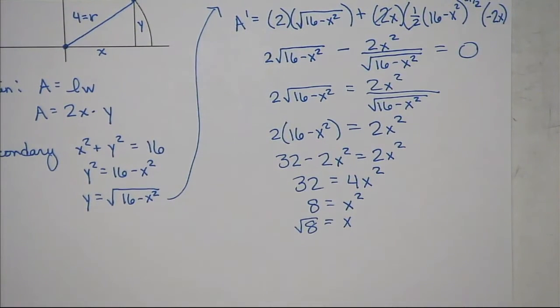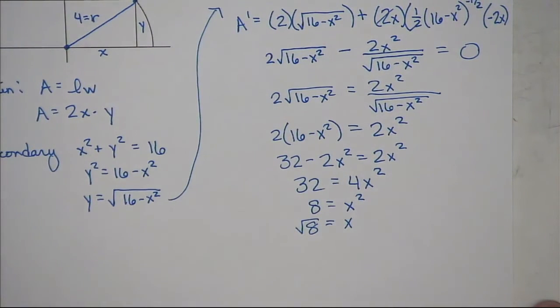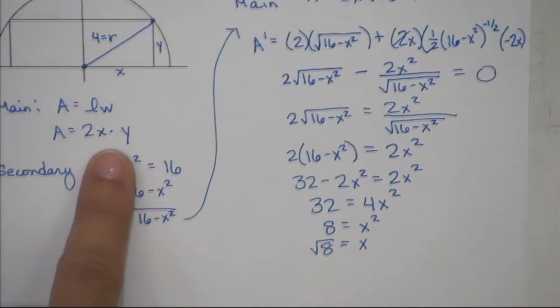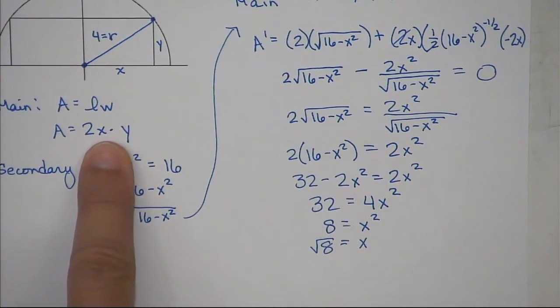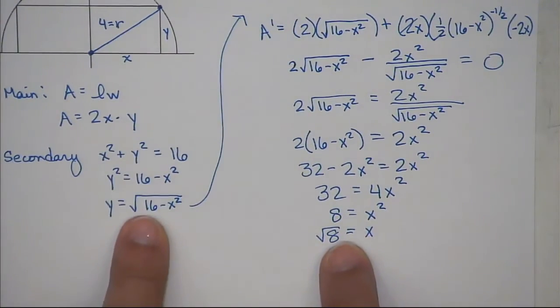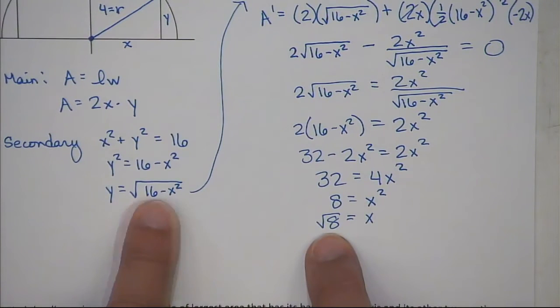All right, so now I can answer the question. Find the area of the largest rectangle. First off, I got to find y, because remember the area formula is 2 times x times y. So that's what I'm getting ready to do, so I need to know what y is. To find y, I'm going to put the square root of 8 in here.